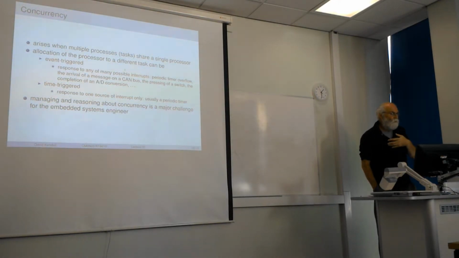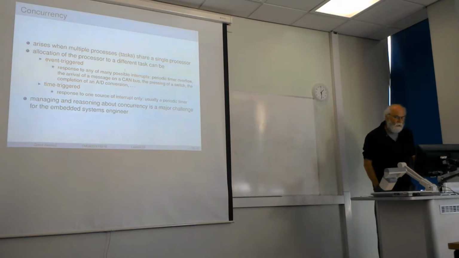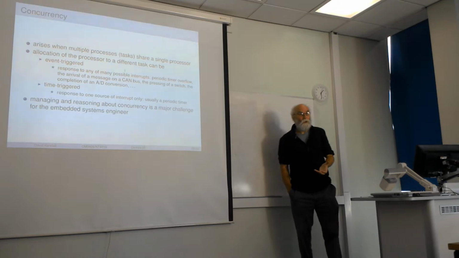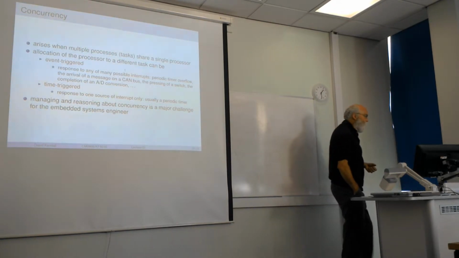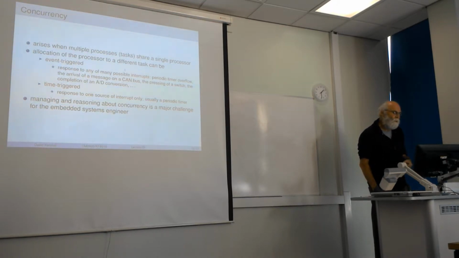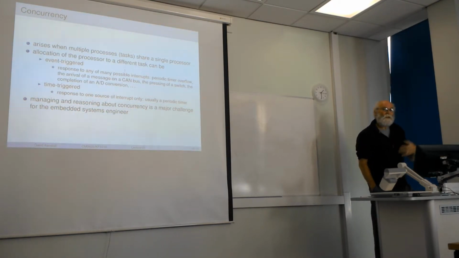We'll see shortly that the microcontrollers that we're going to be using for our practical work have a whole plethora, a whole variety of different sources of interrupt. So one possibility is that every time one of these interrupts occurs, something happens in our software to determine that some particular task gets to run.